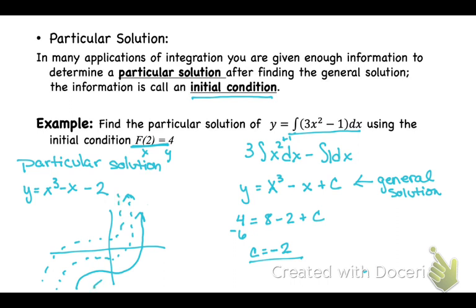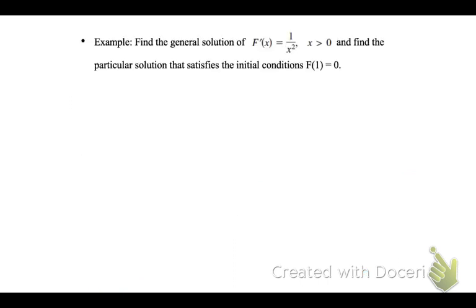I said x-intercept, I should have said y, because that's what the constant is, right? So it would move up and down that y-axis. Same shape, just up and down that y-axis. Make sense? Okay. So you're still doing what you were doing. You're just plugging in at the end.